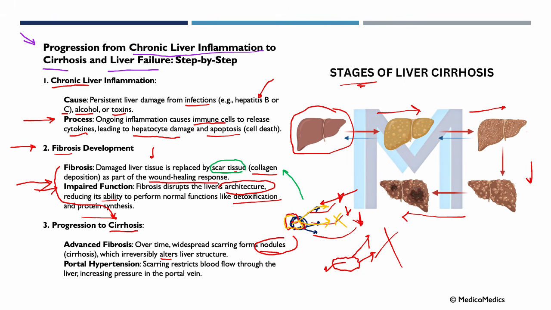Another important issue that develops is portal hypertension. Scarring restricts blood flow through the liver, leading to an increased pressure in the portal vein.